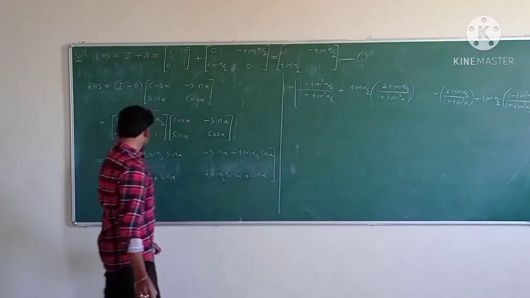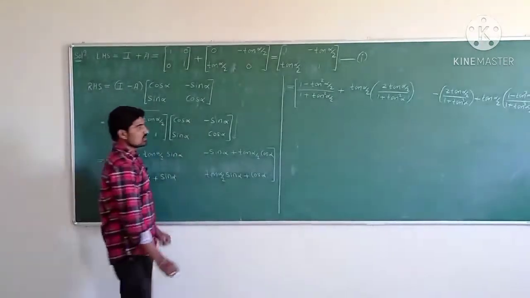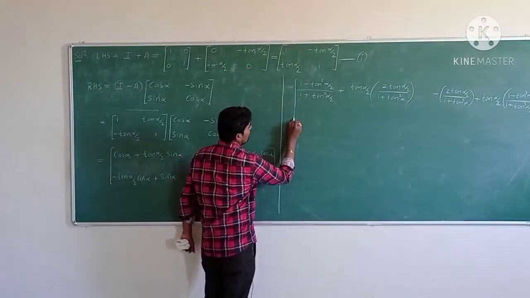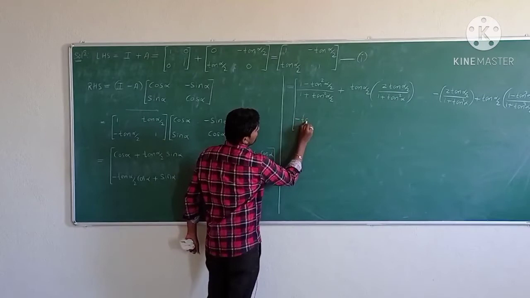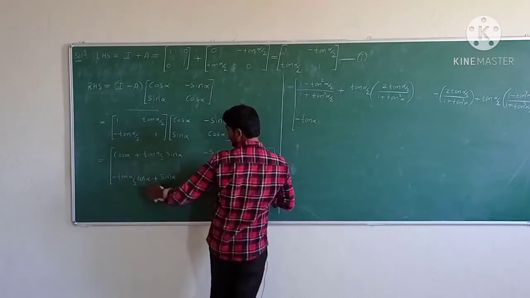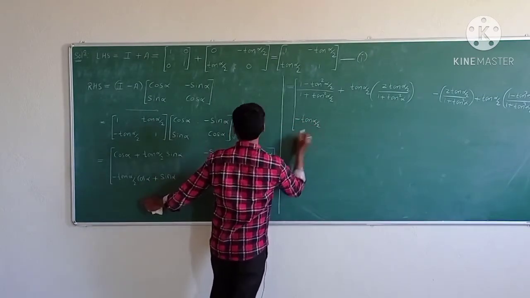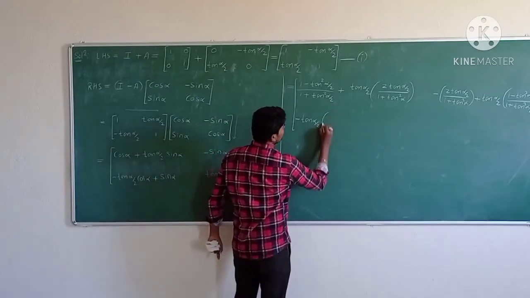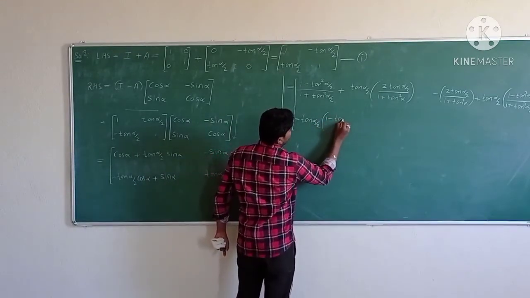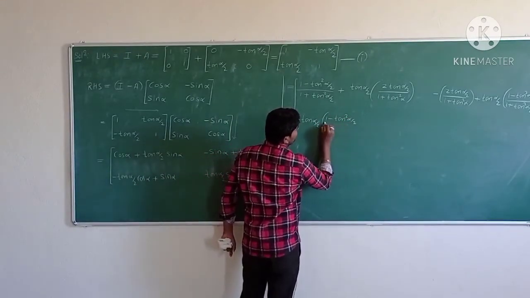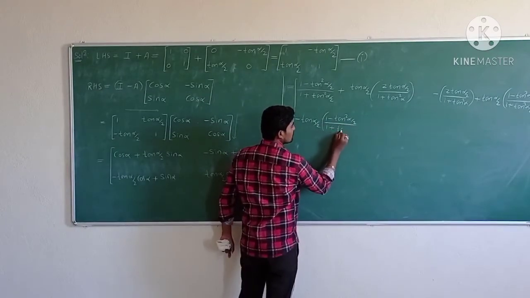And now minus tan alpha by 2 as it is into cos alpha, 1 minus tan square alpha by 2 divided by 1 plus tan square alpha by 2.